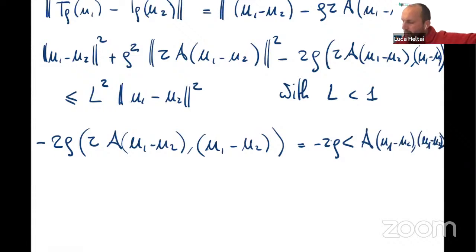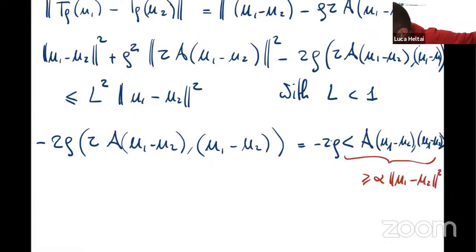Okay. And now what we know about this object is that by duality, the term that you have inside is greater or equal than alpha, the norm of U1 minus U2 square. Okay. And now this is with the positive sign. So since you have a minus in front, you know that this is smaller or equal than minus alpha times the norm of U1 minus U2 square.